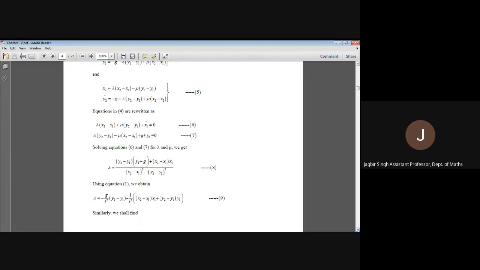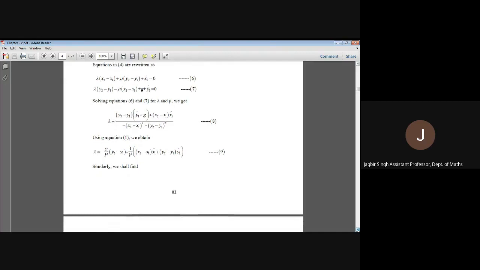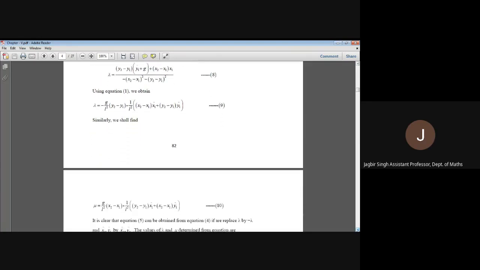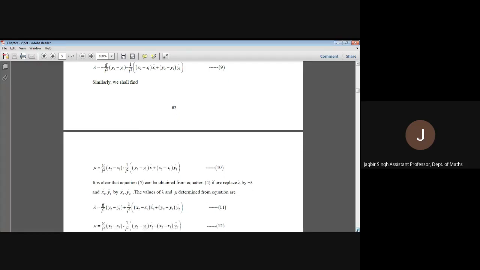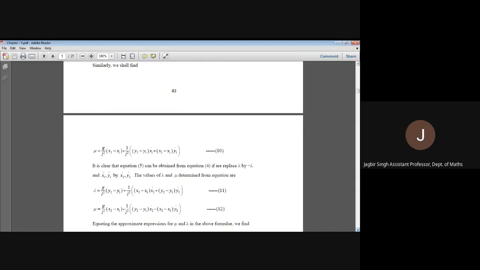Okay, then lambda is given using equation number 9. Similarly, we obtained the value of mu, and if we observe equation number 4, if we replace lambda by minus lambda, we obtain equation number 5, with x1 double dot, y1 double dot replaced by x2 double dot, y2 double dot. So from equation number 5, values of lambda and mu can be obtained as equations 11 and 12.